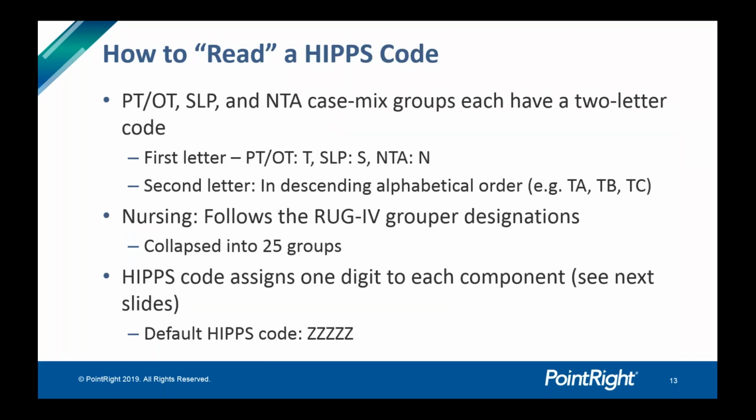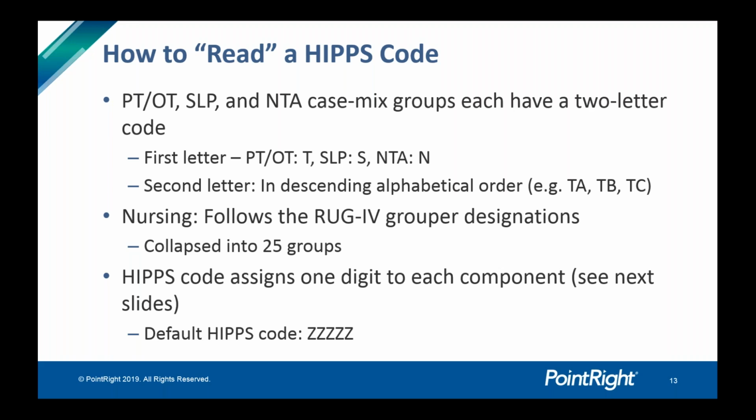Now, how do you read a HIPS code? Because it's an interesting language. I was looking at tables that I found in trainings of how HIPS codes line up with the different payment categories, and I thought I had come upon a pattern, and then I realized that I was completely wrong. So here's the best sense that I can make out of it.